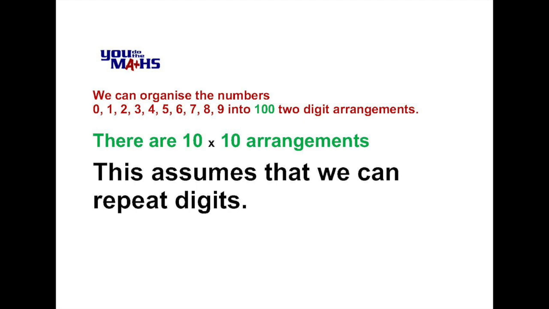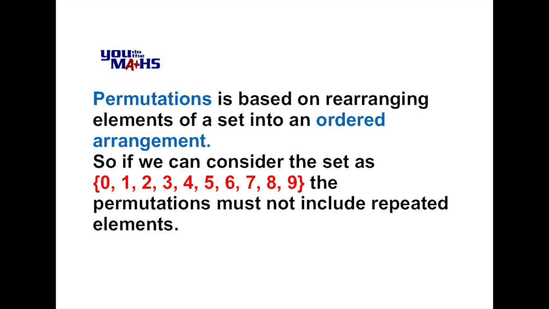Permutations is based on the number of arrangements from a set of elements. So if we define our set to be 0 through to 9, we can only use the numbers once if they appear once in that set. So let's assume that our set of elements is 0 through to 9, each digit only occurring once. The permutations are restricted because we can't have repeat digits.